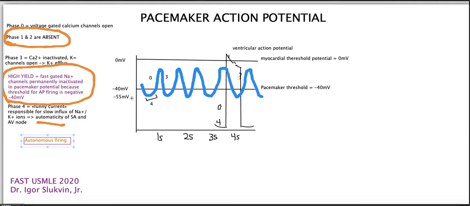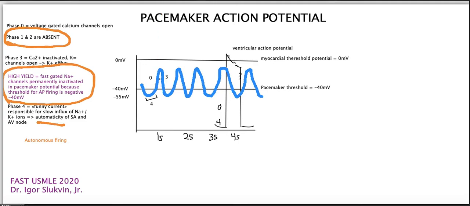That being said, let's move on. We just talked about phase 0, the voltage calcium channel is open. The fast gated Na plus channels are closed, because if they were open, you would go way like that, and you don't want that.